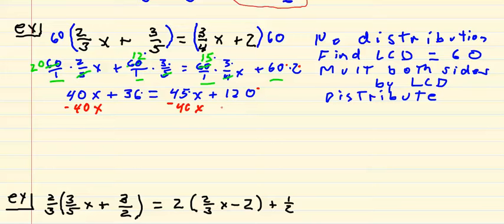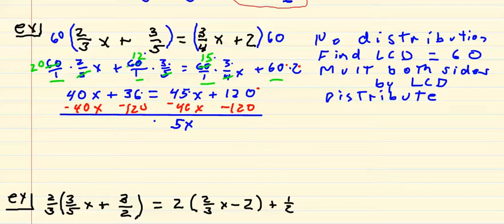And then I can go minus 120, minus 120. I take care of showing my work, which I want you to do, but I'm showing it all in one step. 45 minus 40, 5x, equals 36 minus 120 is negative 84.